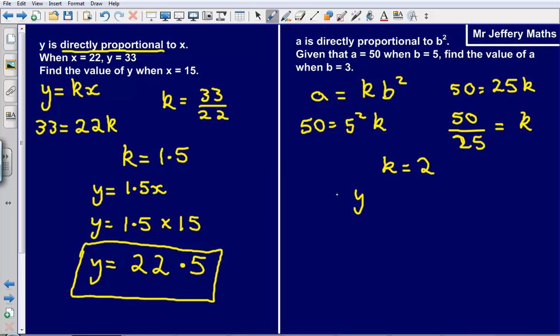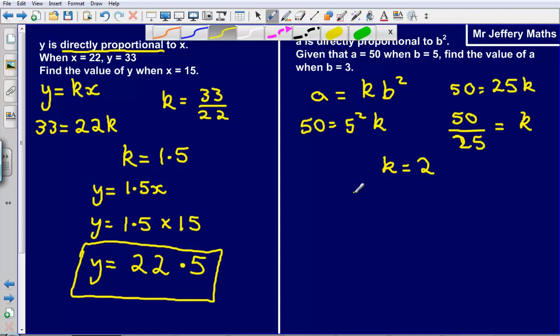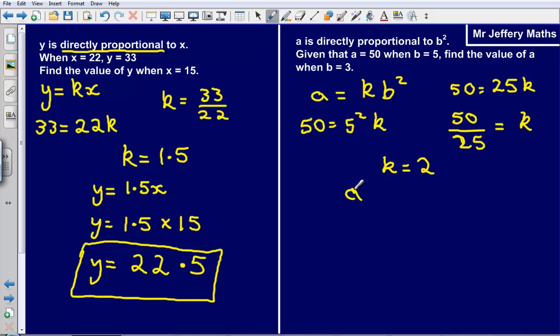I don't know why I've used y, we're using a and b here. So a is equal to, substituting that value for k that we found into the original formula, 2b squared. So a equals 2b squared.